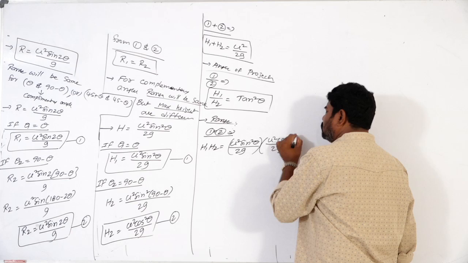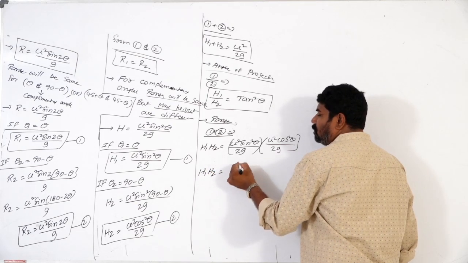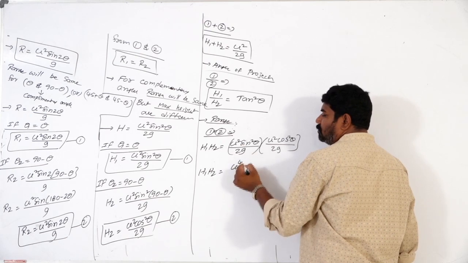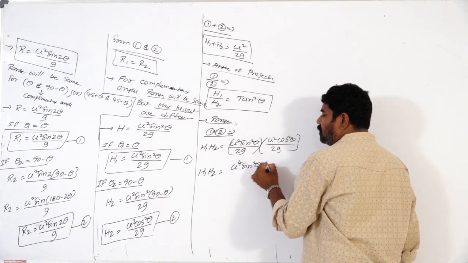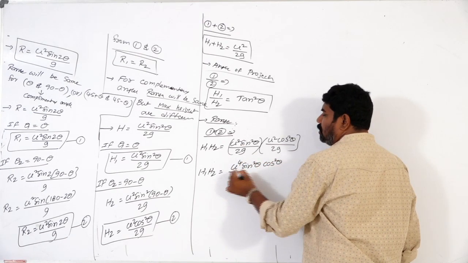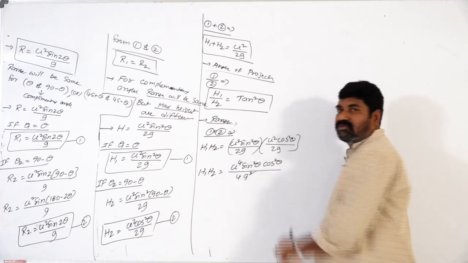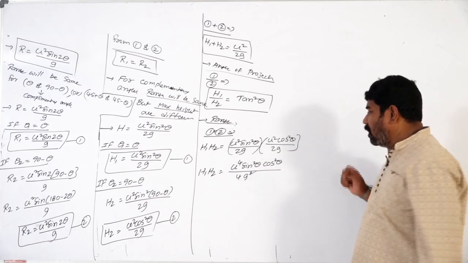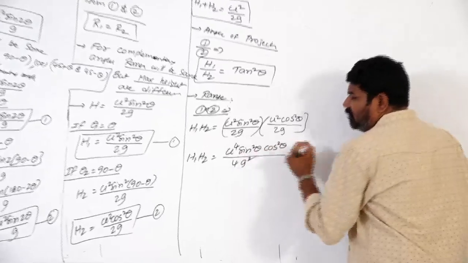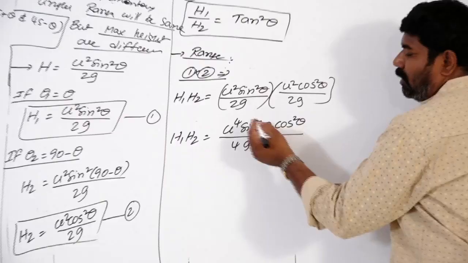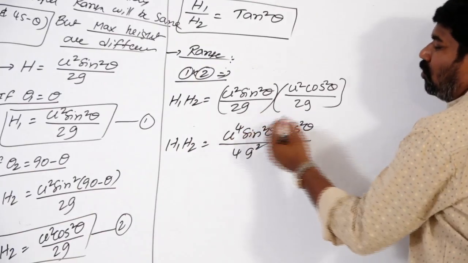This is nothing but H1 into H2 is equal to u to the power of 4 into sin square theta cos square theta by 4 g square. Now this H1 into H2 is nothing but (u square sin theta cos theta by g) whole square into 1 by 4.